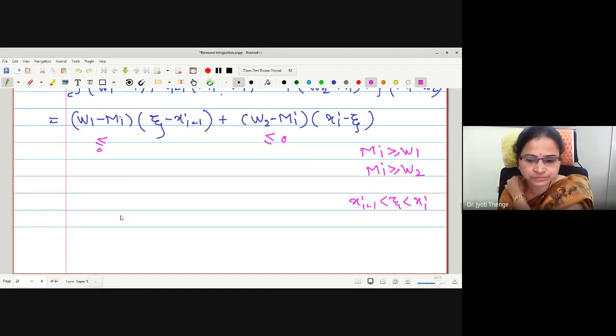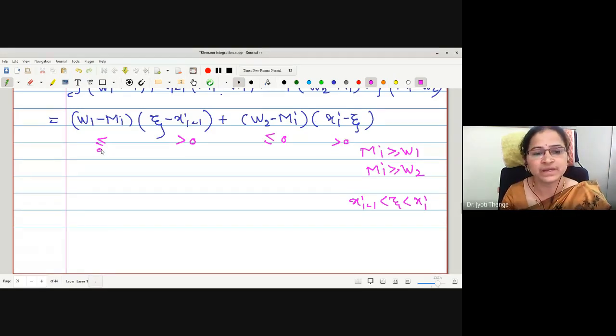Now, zeta minus xi minus 1 is strictly positive. What is the multiplication of non-positive and positive? Non-positive has two cases, negative and 0.